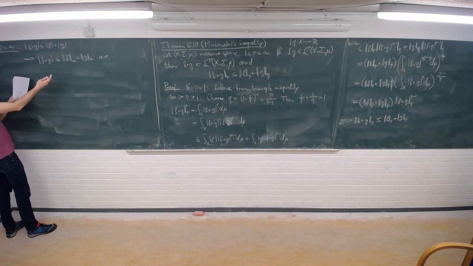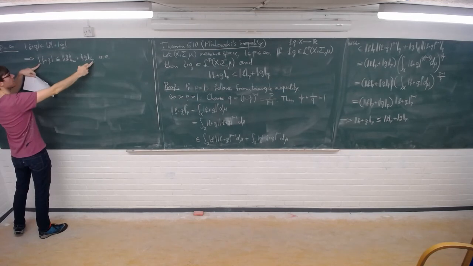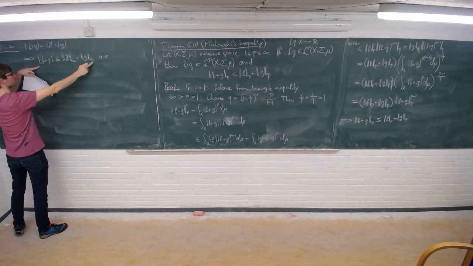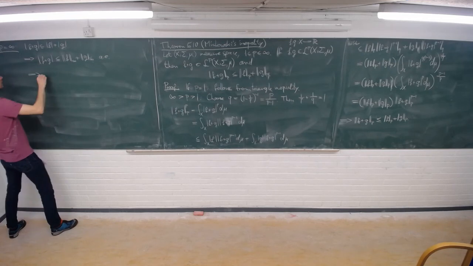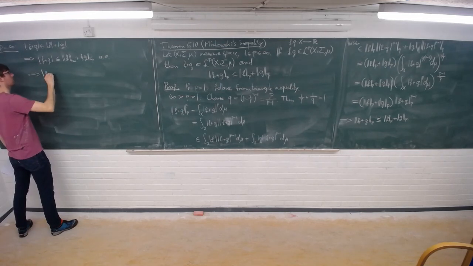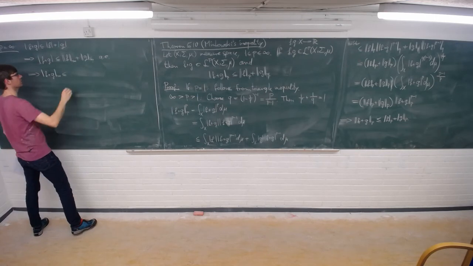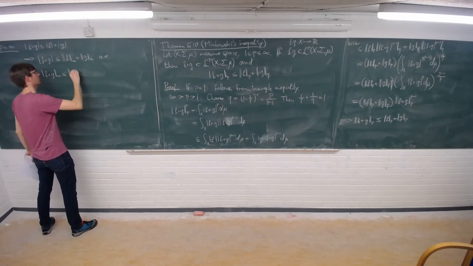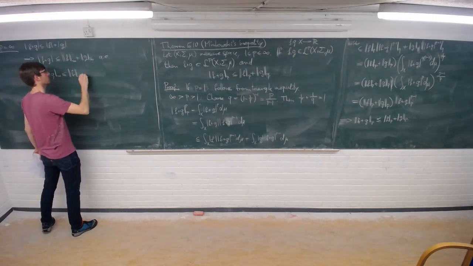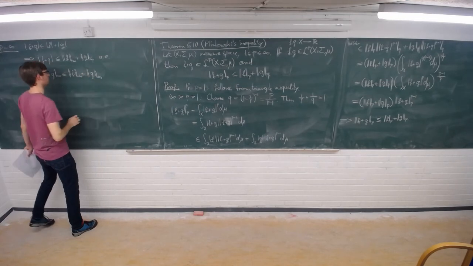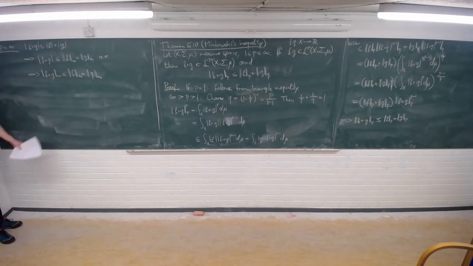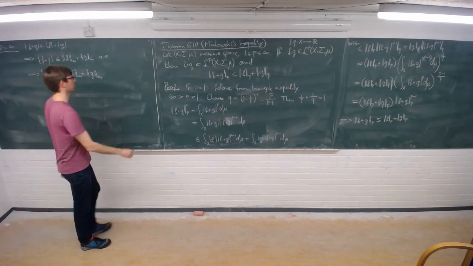Okay, but now we can just take this inequality and take the essential supremum again, and we get norm f plus g infinity is less than norm f infinity plus norm g infinity. And that's Minkowski's inequality for p equal to infinity.